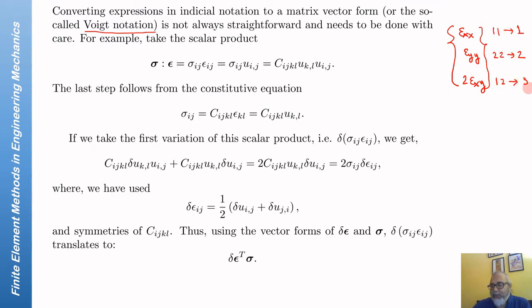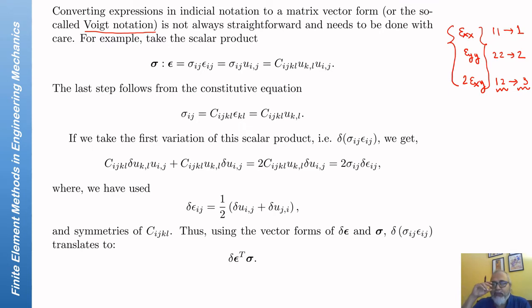So this is the mapping that we have chosen. This is the indicial notation, and this is the mapping in the Voigt notation. So these are places in the array, whereas these are places in the indicial tensor notation.